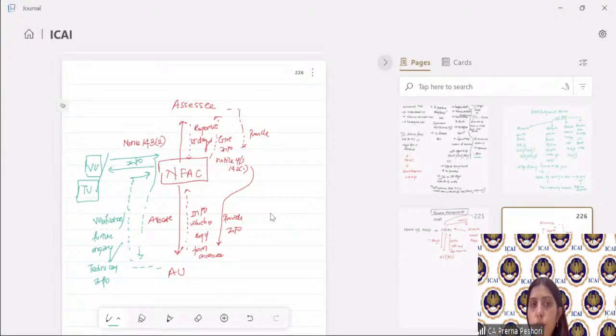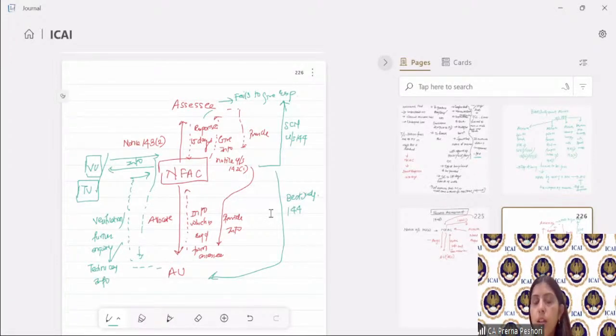If the assessee fails to do that, then in that case, NFAC will issue show cause notice under section 144. If the assessee still fails to give the reply, then NFAC will ask the AU to do the best judgment assessment under section 144. Is that clear?